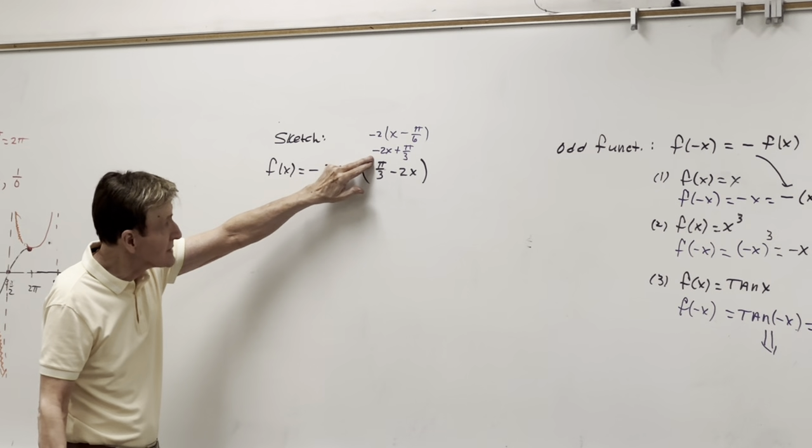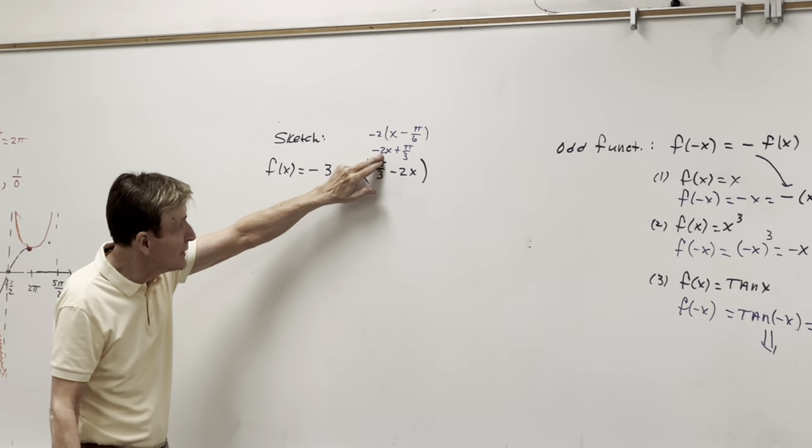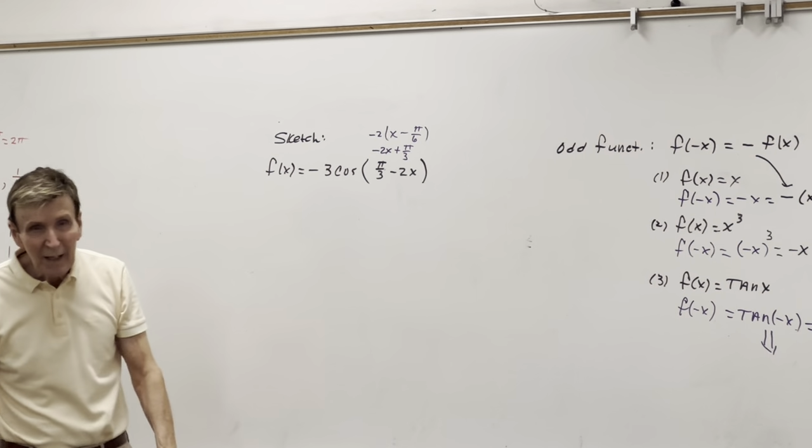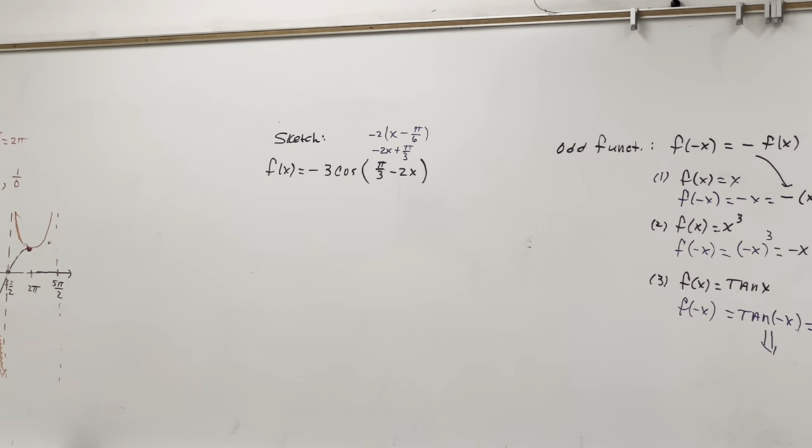Reflect through the y-axis. Stretch by a factor of 2. Shift it to the right, 5 or 6. And the instructor's gonna say, no, no, no. You gotta do it quick because I'm gonna ask you to do some calculus on it. Then I'm not gonna wait 10 or 15 minutes for you to sketch it. They just want you to quickly do it and then do some calculus on it. We're interested in the calculus on this.